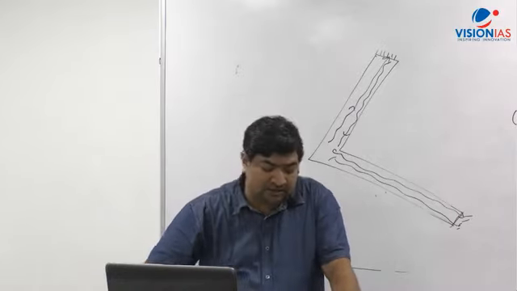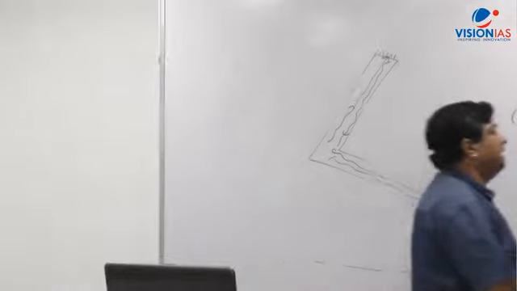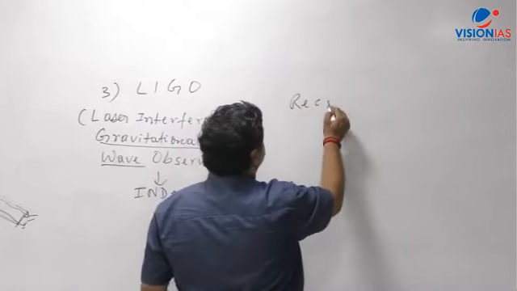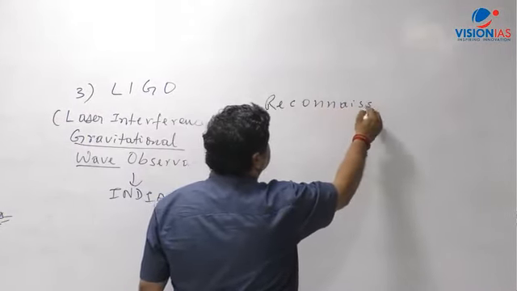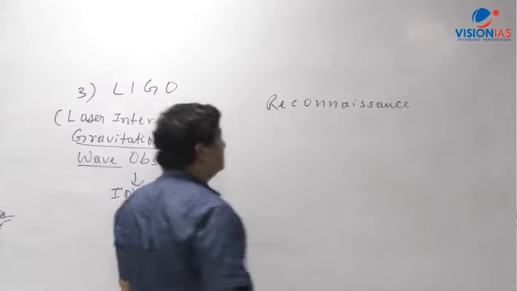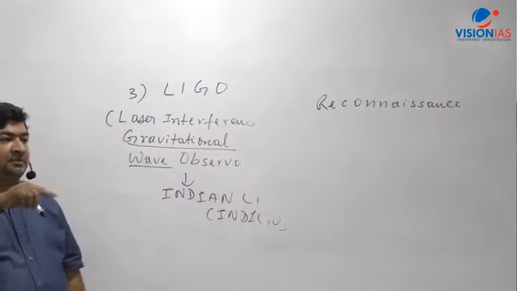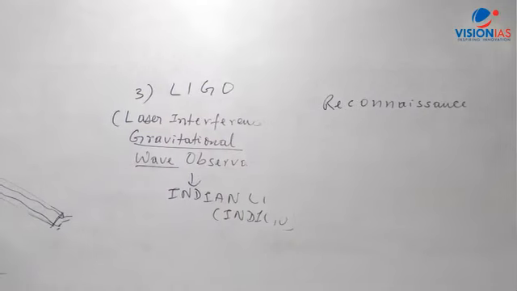Reconnaissance, I'll write the spelling, R-E-C-O-N-N-A-I-S-S-A-N-C-E, reconnaissance vehicle. What you see in the video, recce vehicles. I'll repeat the sentence.